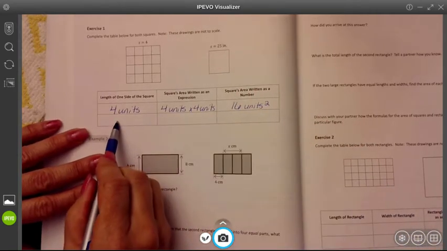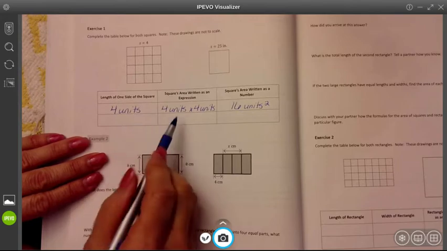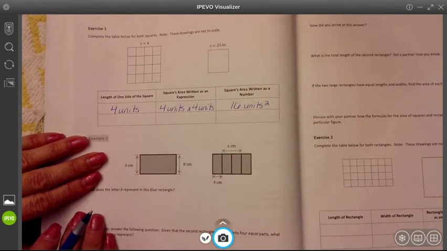All right, so try it for the next one. You can pause the video if you want for a second. I'd like you to try to fill this one out on your own for the square that is 25 inches on one side.